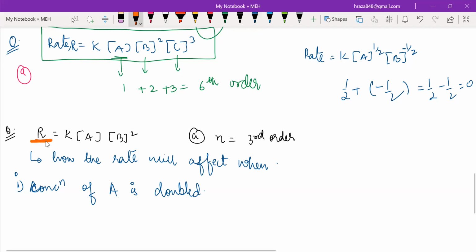How will this rate R be affected if you increase the concentration of A to double? Can you do this? Yes or no? Yes, sir. Okay, please do it. If you're not able to do it, just let me know.